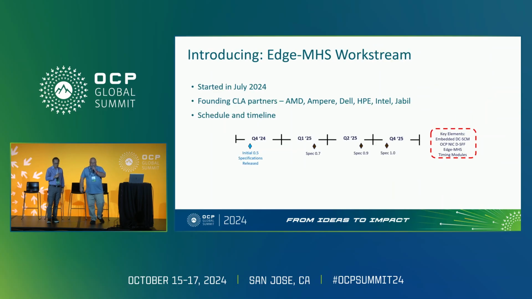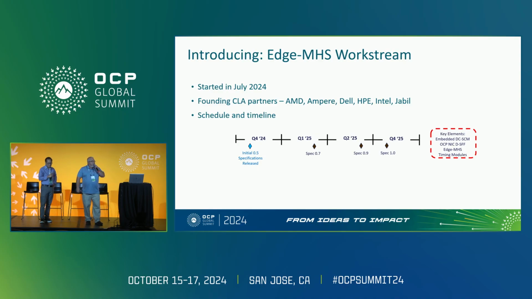Now, with that said, I am very proud to announce that we decided to move forward with the Edge-MHS workstream. This is something that we officially started in July of this year. It was a group that came together of AMD, Ampere, Dell, HP, Intel, and Jabil.